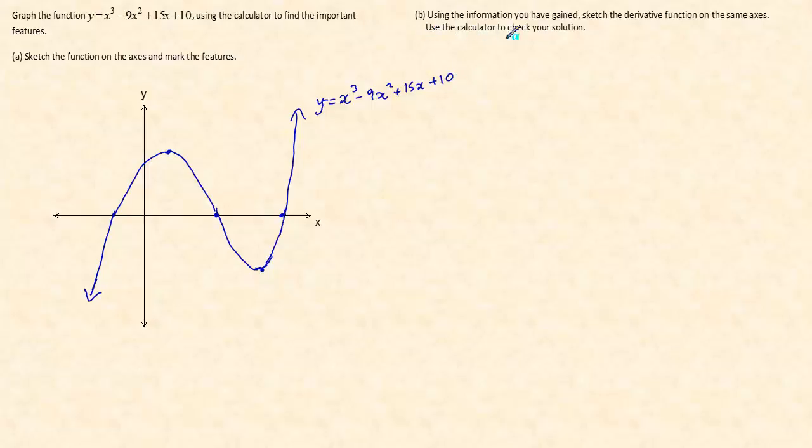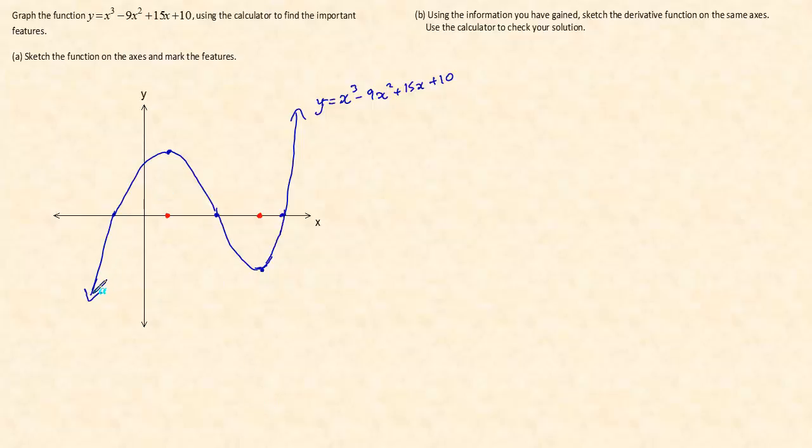We want to use the information we've gained from the first two examples to sketch the derivative function on the same axes, and then we can use the calculator to check our solution. So we know that the gradient function will cross the x-axis, indicating the gradient is 0 at the turning points.